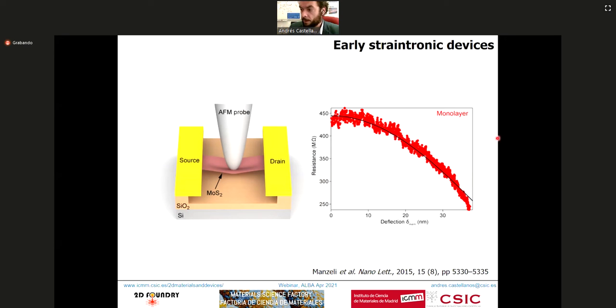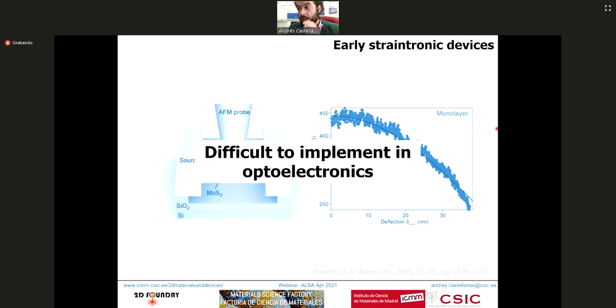But from our point of view, this is not very useful because it's difficult to implement this kind of approach in an optoelectronic device. You want a photodetector in which you apply a tension to change the output characteristics, and if you need an AFM tip on top of the device, it's going to complicate your life dramatically. The tip of the AFM is going to shade the light, it's going to be a mess. So we are not interested in this approach.